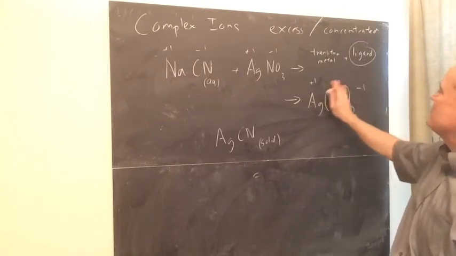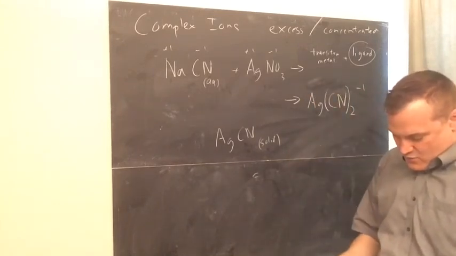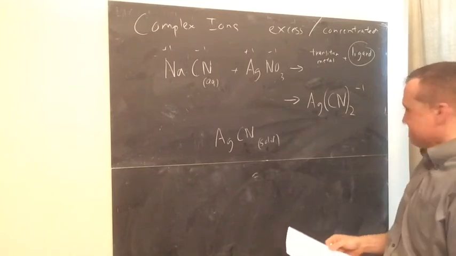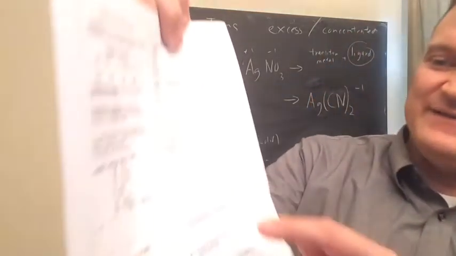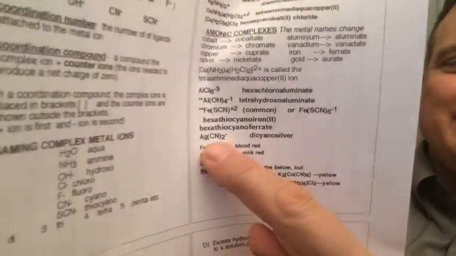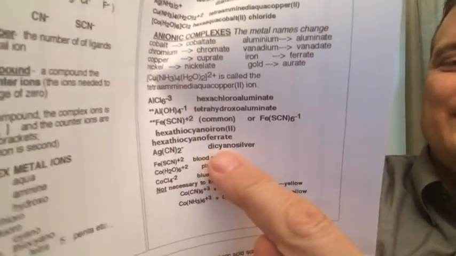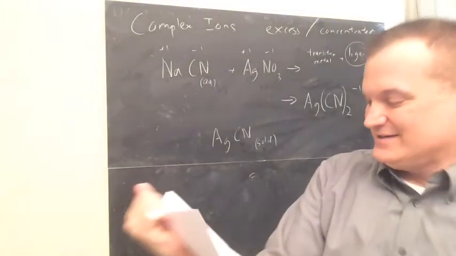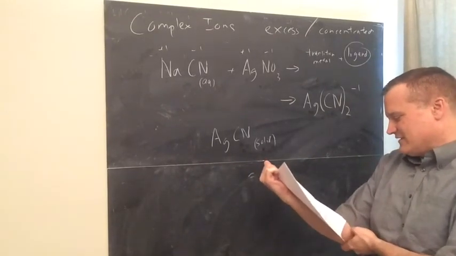It's a -1 charge. The overall ion is -1. Now, what you can do is, in fact, it's on the paper here, and you'll see right there, Ag(CN)2 is called dicyanosilver. Dicyano, is that really the name of it?